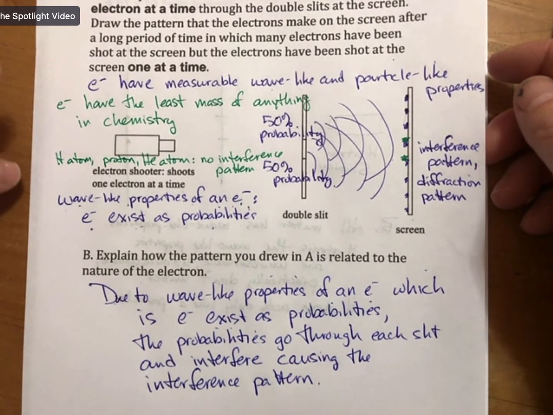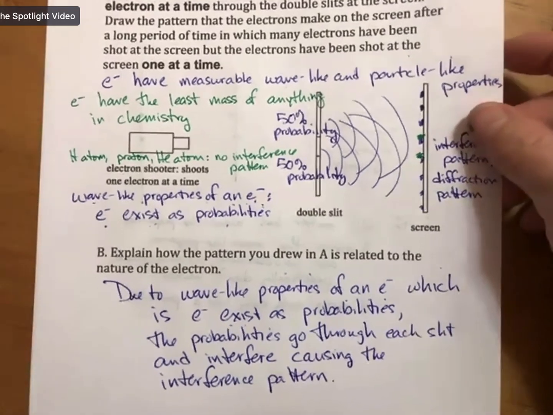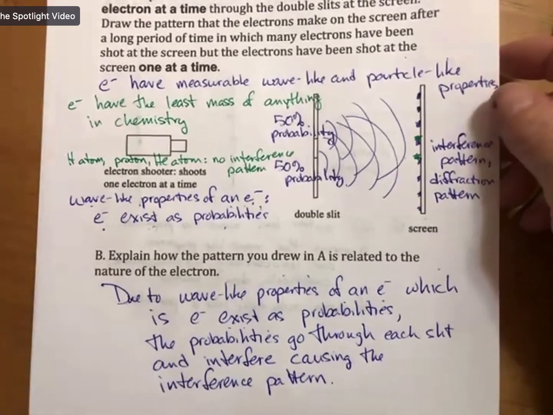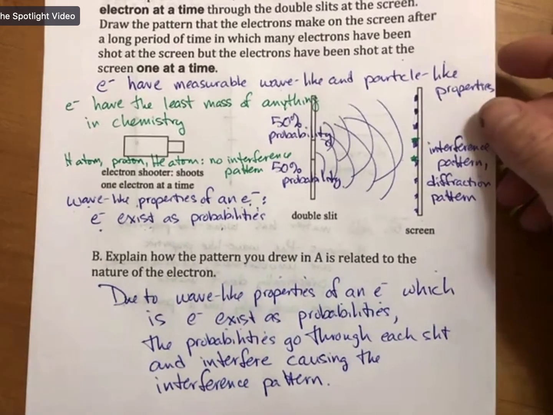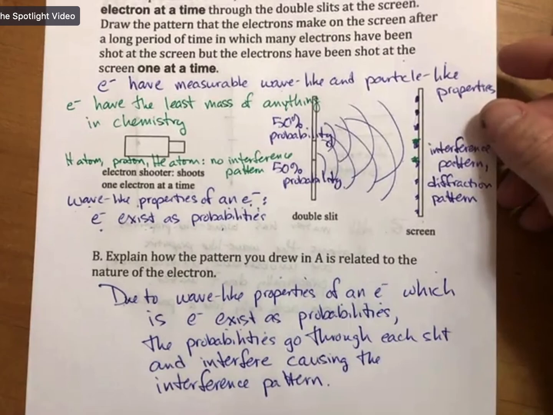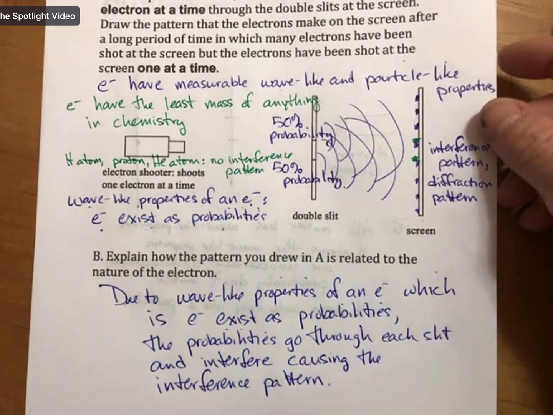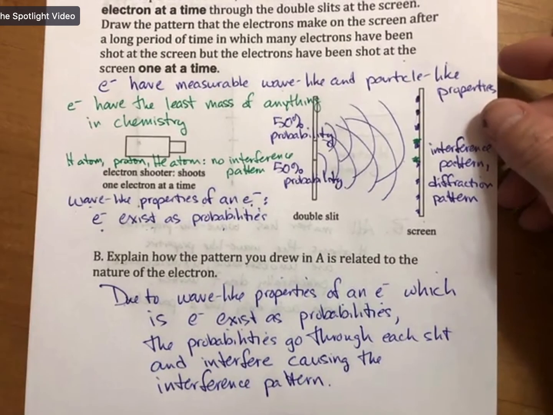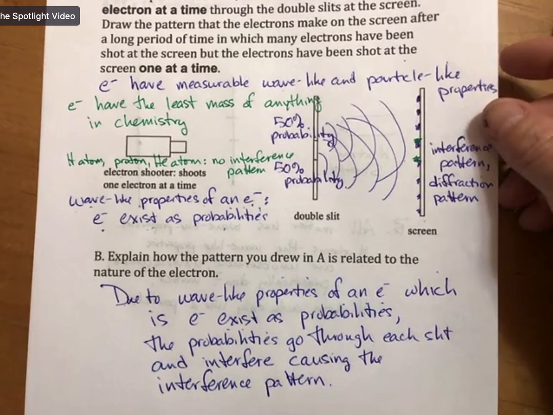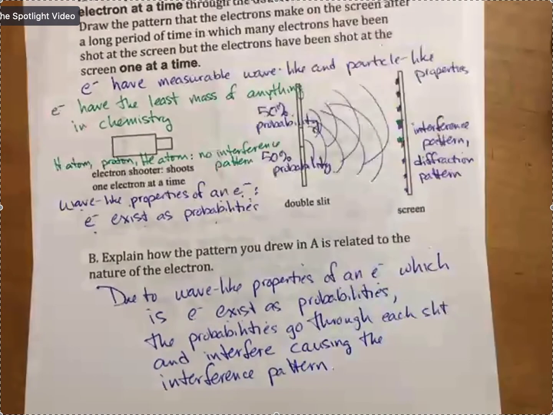And then the other thing you have to know is that no other particle that we see does it because it's too heavy, has too much mass. And we will see that the more mass something has, the smaller its wavelength, and that's what makes it unobservable.